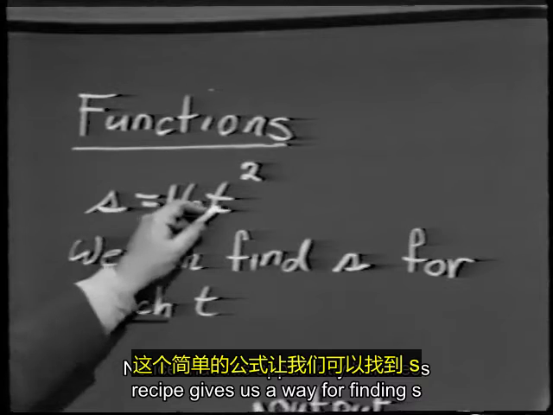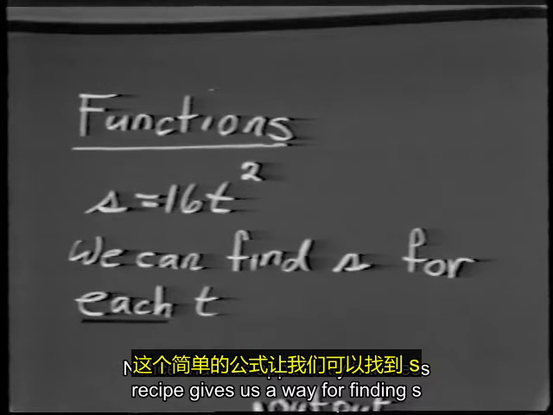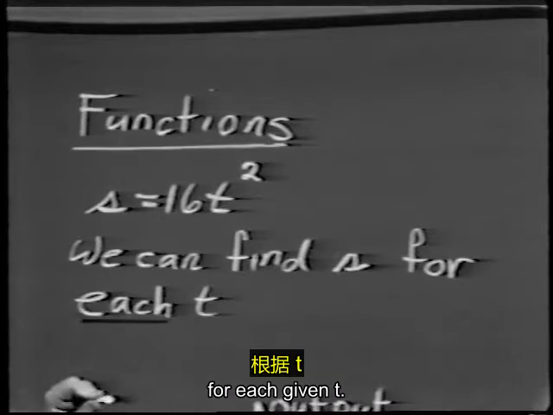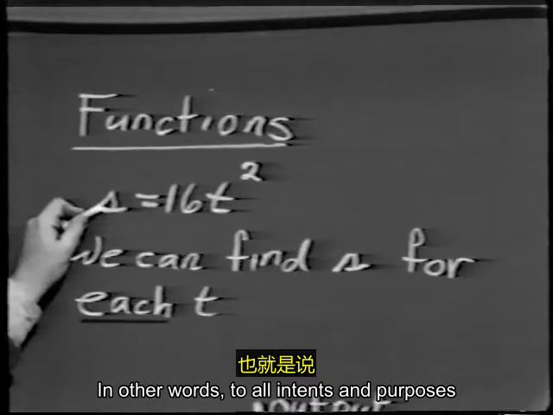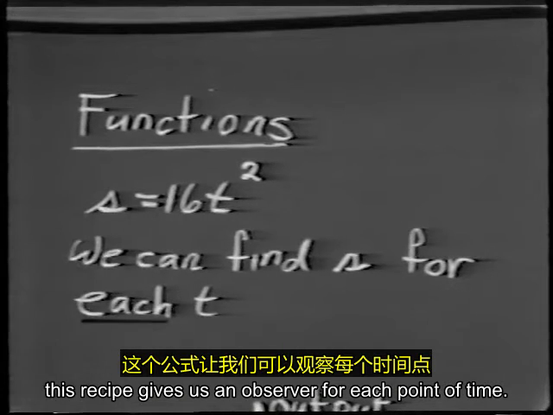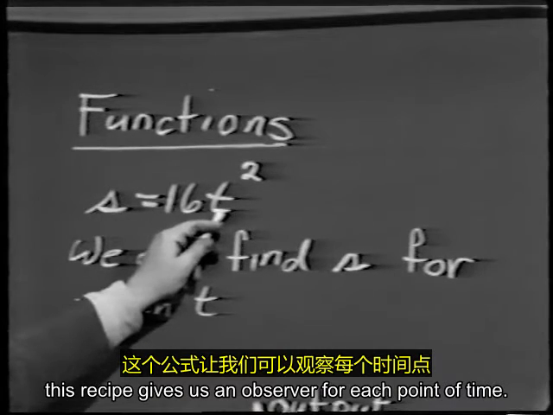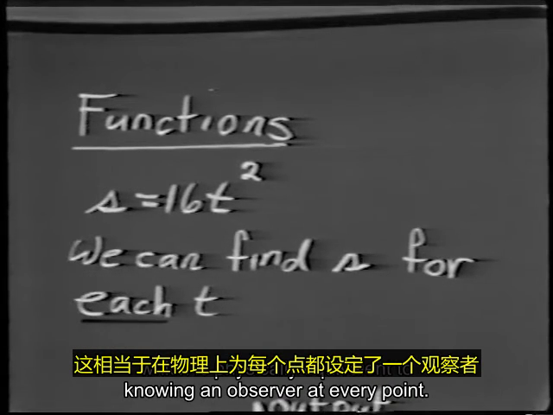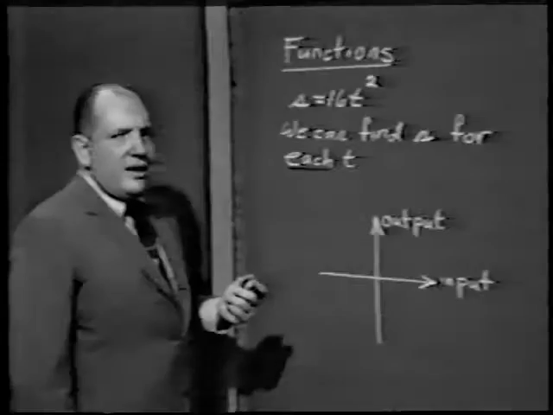Notice that this apparently harmless recipe gives us a way for finding s for each given t. In other words, to all intents and purposes, this recipe gives us an observer for each point of time. See, for each time, we can find a distance, which is physically equivalent to knowing an observer at every point.